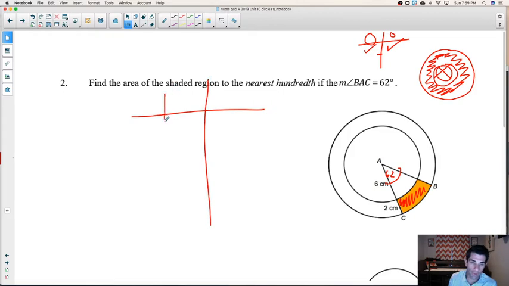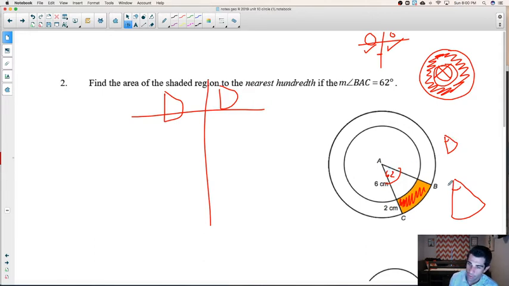So again, you have basically 2 slices of pizza. One of the slices is here, and one of the smaller slices is here. You're going to use those 2 slices to figure it out. So that we don't get too confused, because a lot of people will get confused: one of the slices is large and one is small. They both have the angle of 62 degrees.